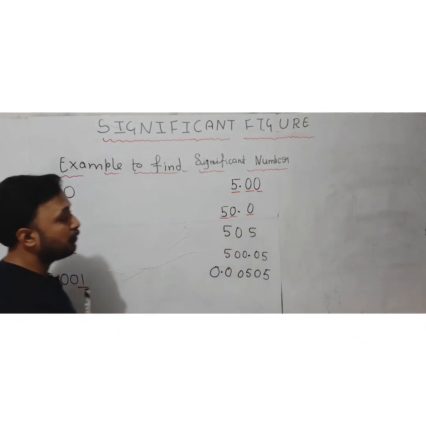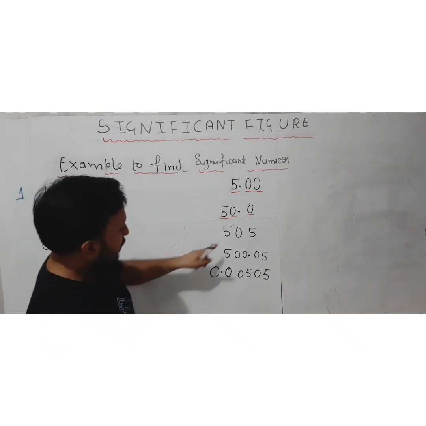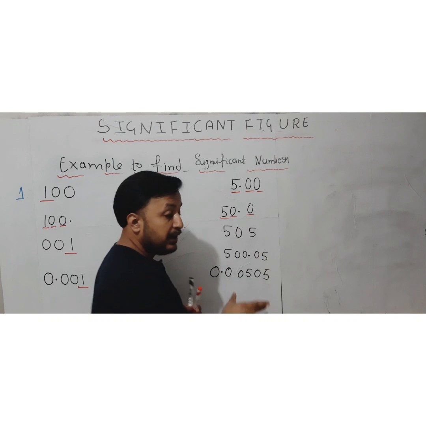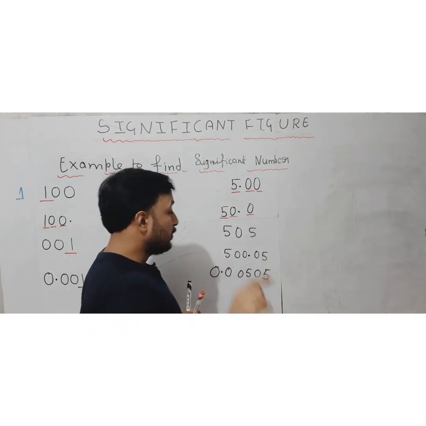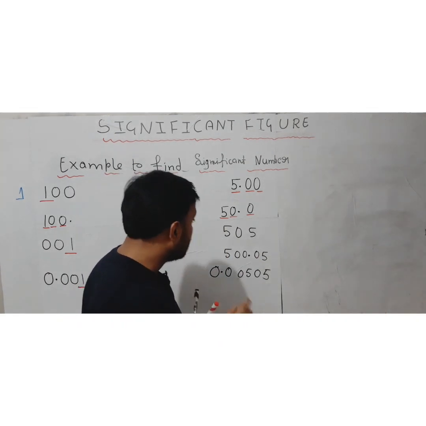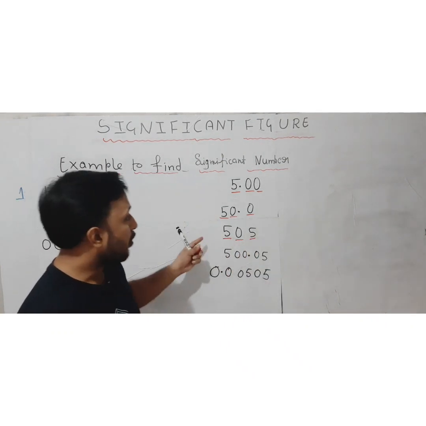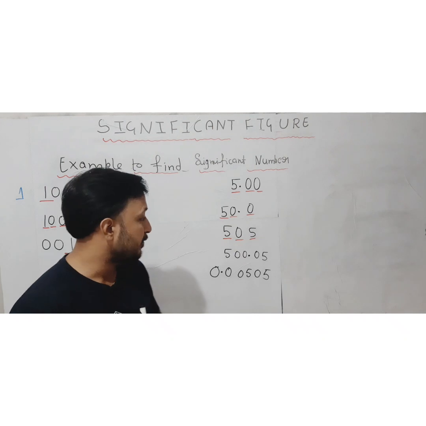So all three will be counted as significant. Then the next example is there. Now this is a unique thing where zeros is coming in between the non-zero digit. If 0 will be coming in between the non-zero digit, then again all will be considered significant. Okay, so all three will be counted here as a significant number.